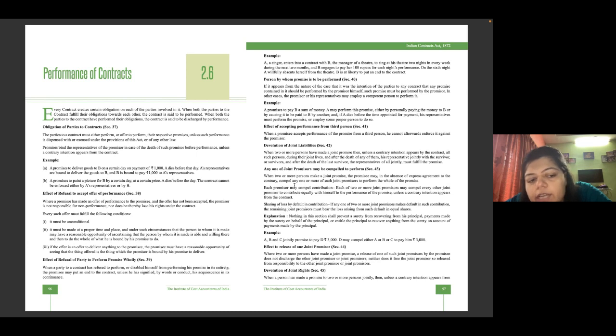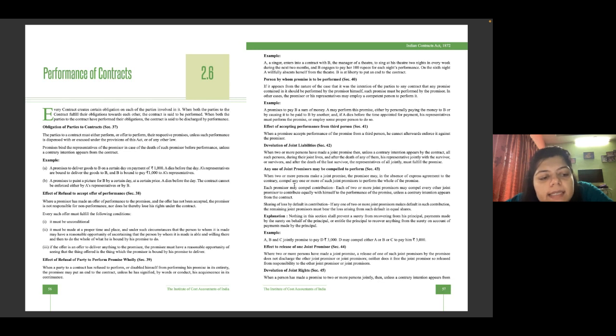is something which can be vitiated before it is performed, supposing a person has said that there would be a delivery of goods and there would be a payment of a certain rupees, but the person who was supposed to deliver the goods dies on a particular day, then there becomes an impossibility of performance.